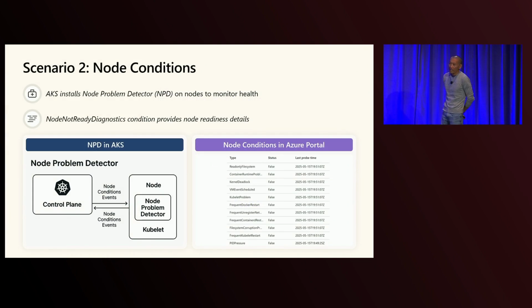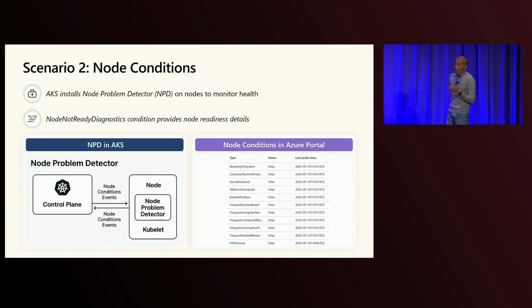The first place that I always look when I get paged for a node not ready issue is node conditions. Usually I'll just pop open kubectl describe node, or go to our portal experience, which has the same information. And I'll look for node conditions that are failing. In addition to the node not ready condition, I'll also look at other conditions to see if those will give me a hint at what might be going wrong.